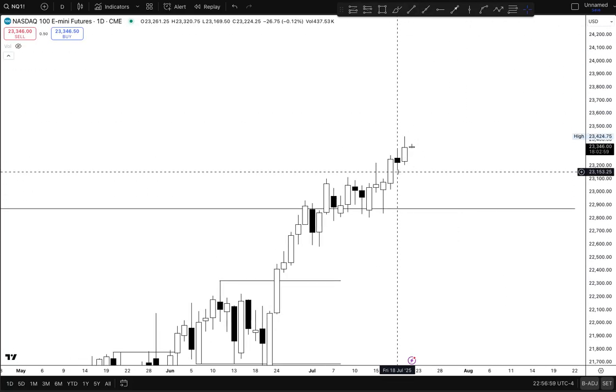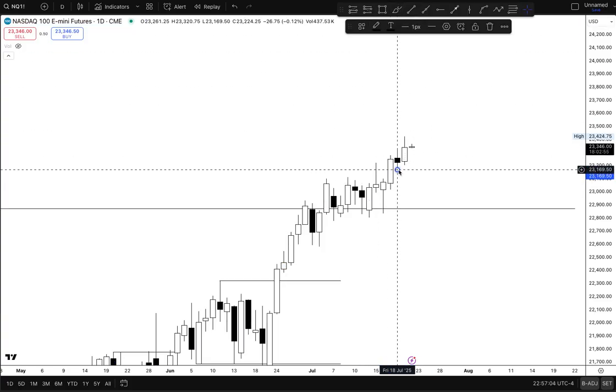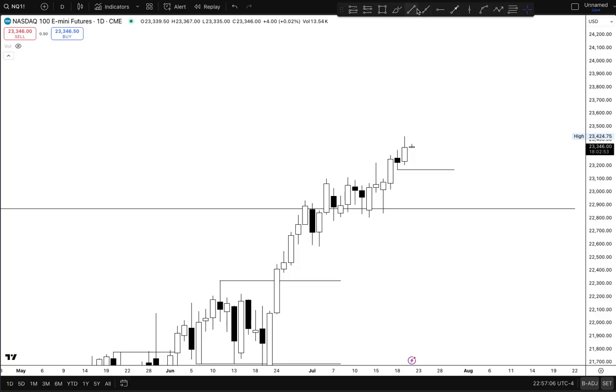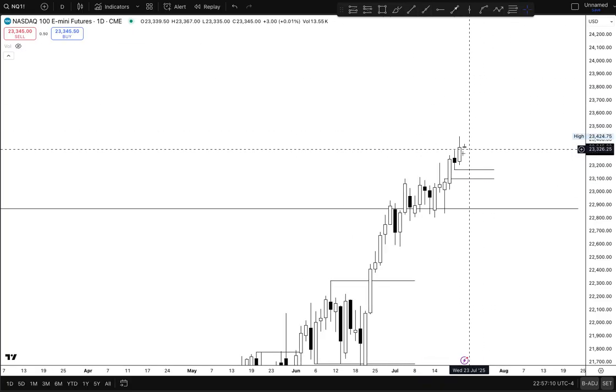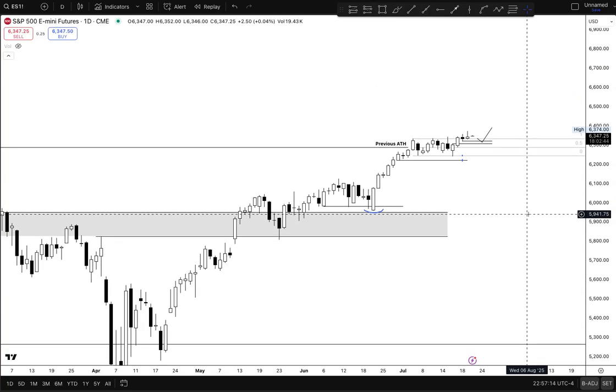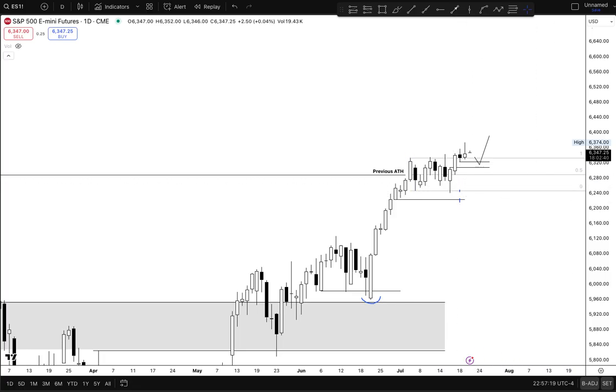Same idea with NQ. So again, daily fair value gaps have formed for ES and NQ. We'll see if we can retrace to those levels and then look for further upside.